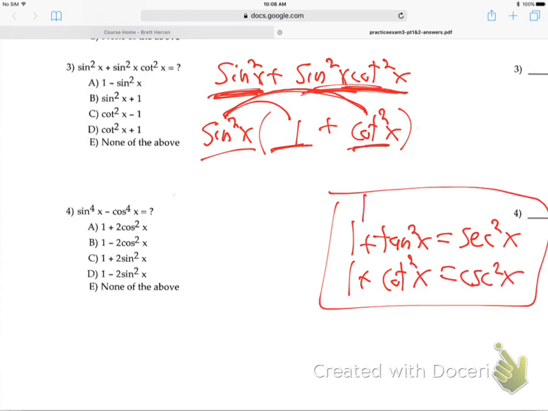And also the sine squared plus cosine squared is 1. These are some of the ones you want to have in your 3x5 card. They're two of the fundamental identities we used in that section. 1 plus tan squared is secant squared. 1 plus cotan squared is cosecant squared. So when you see that 1 plus cotan squared, you think, oh, that's cosecant squared.